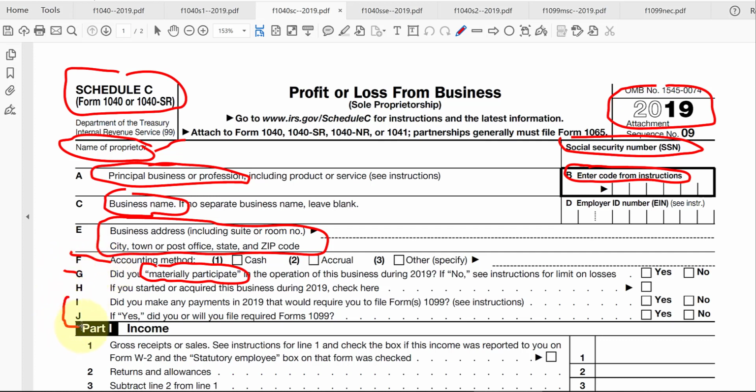These two questions here, I and J, ask whether our company, our business, is going to file Form 1099. Now, most taxpayers are familiar with receiving Form 1099 because they've earned income from some source. But now, our business is the source of money being paid out to other people, to other businesses.